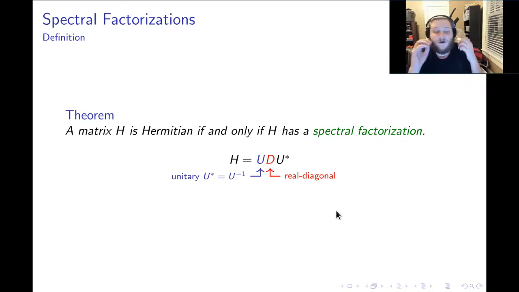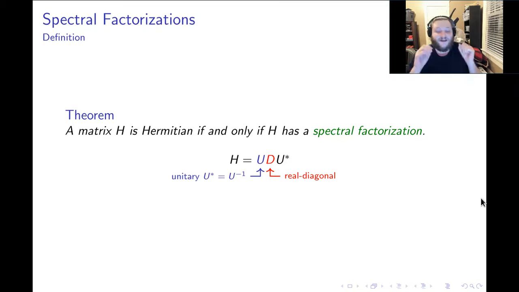And also, the fact that the eigenspaces are orthogonal to one another means that it should be possible to choose bases of our eigenspaces that are orthonormal, which would guarantee that the columns of U would be orthonormal, which means that U is a unitary matrix.